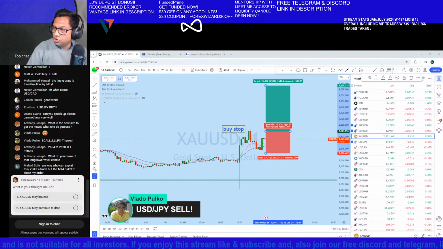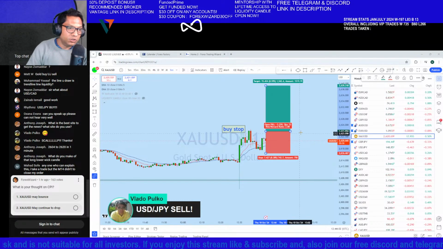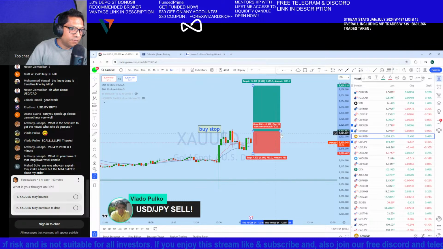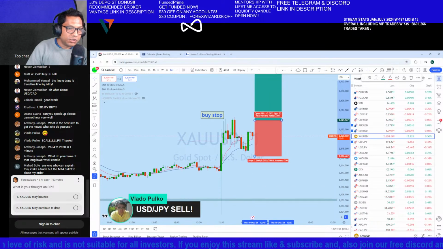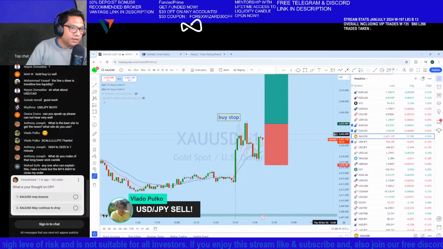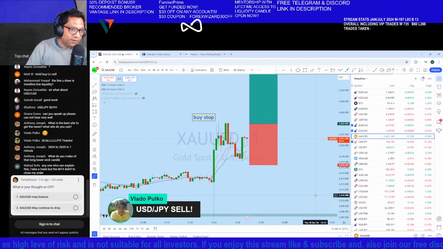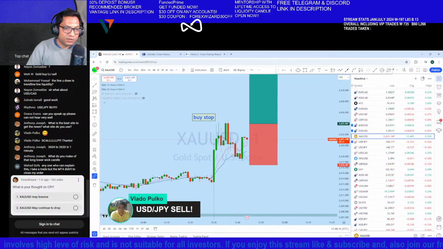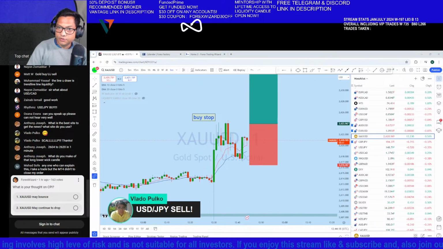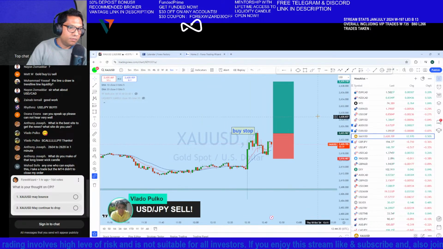So I placed a buy stop on XAUUSD at this level, which is at 2623.96. Stop loss below this level, below this bullish engulfer, which is 2616.46. TP target here.